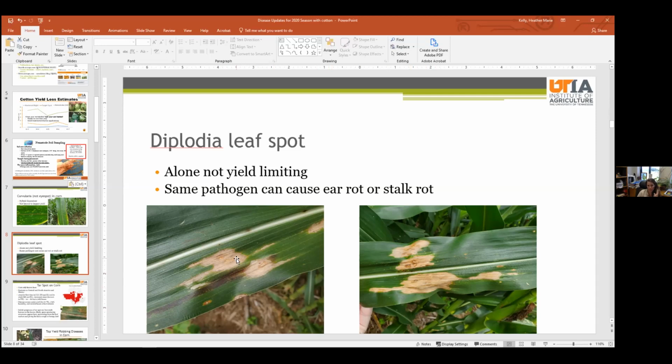But there are 2 different species that can cause the leaf symptom. One of those pathogens can cause ear rot, and one can cause stalk rot. But in the last 2 years that myself, as well as my counterpart, Kirsten Wise in Kentucky, have been observing this, we've not seen the incidence of stalk rot or ear rot increase. So just because you have it on the leaves doesn't necessarily mean you're going to have an issue with the stalk or the ear, but just be aware of it.